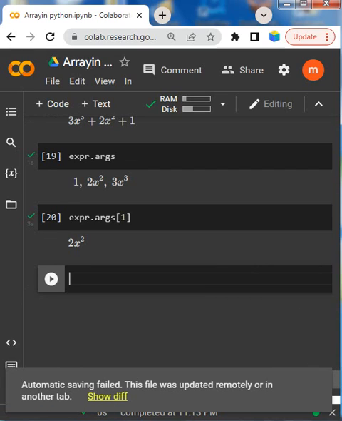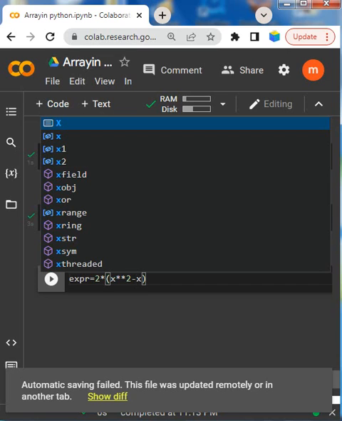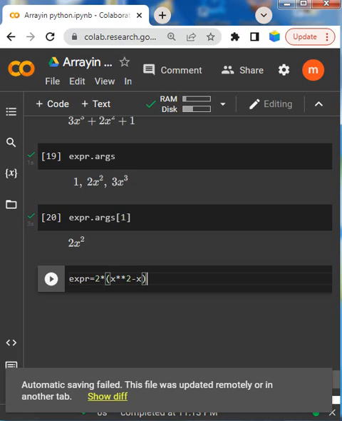I write expr as a variable equal to twice, multiplied by x square, minus x, and then in parentheses, again x multiplied with x plus 1.